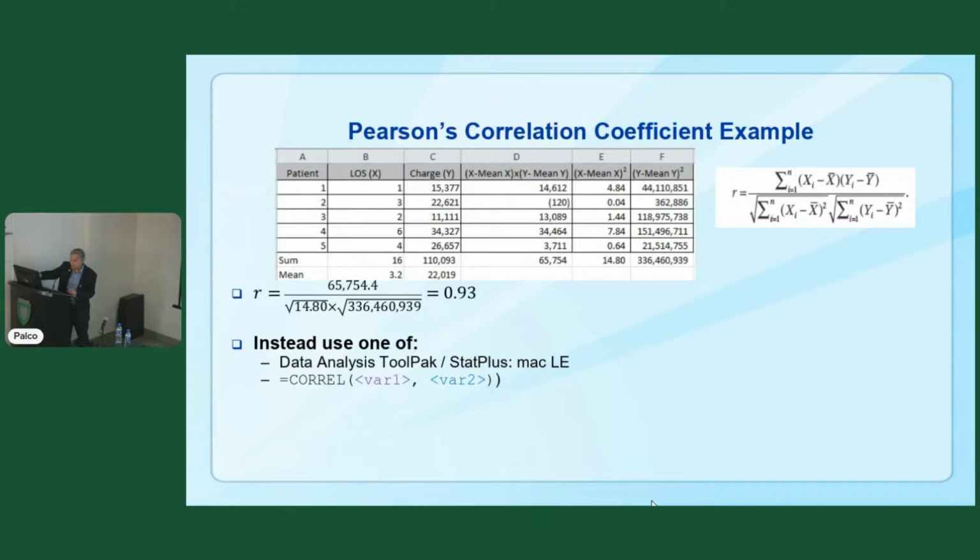I programmed the Excel sheet so that column D does the covariance, the product of the two deviations. Then E and F do the two parts of the product of the variance, actually the standard deviation, with the square root of the individual variance. You can easily program this in Excel.